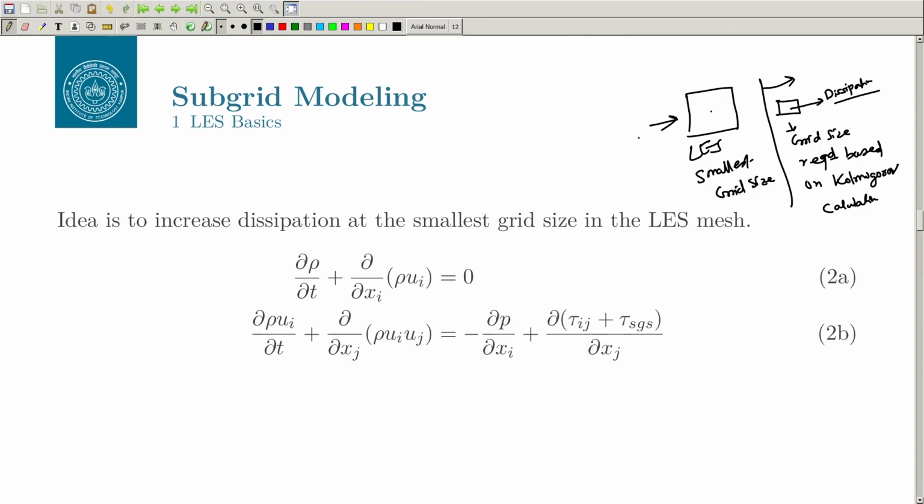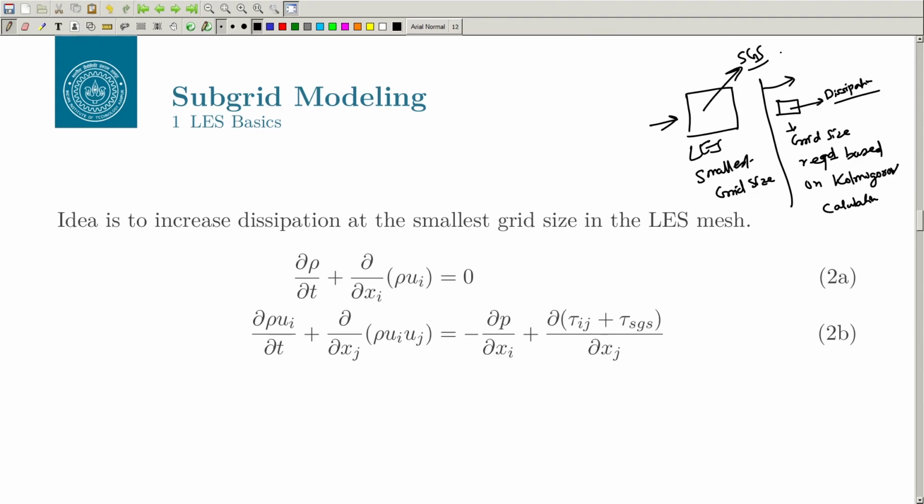In LES we say that you model only if the eddy is smaller than certain size, or in a more accurate way, just bigger than the smallest grid size that we have in the LES, right. So, we want our SGS model to work on this scale. This is where the SGS model would work, right.